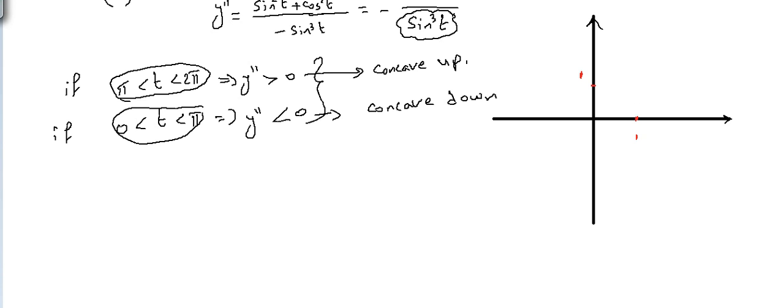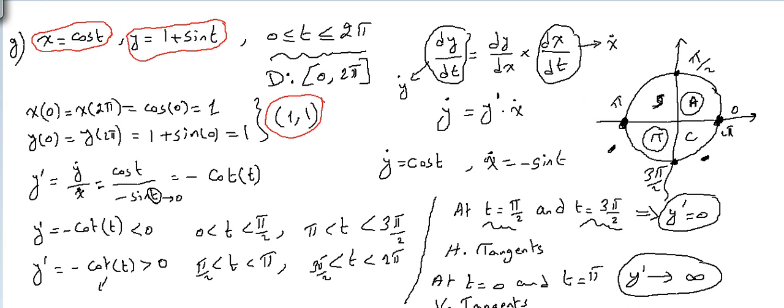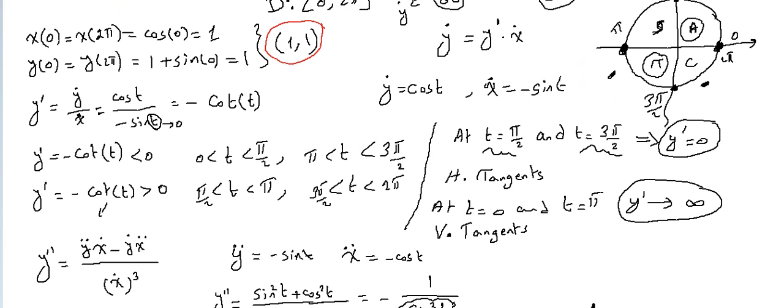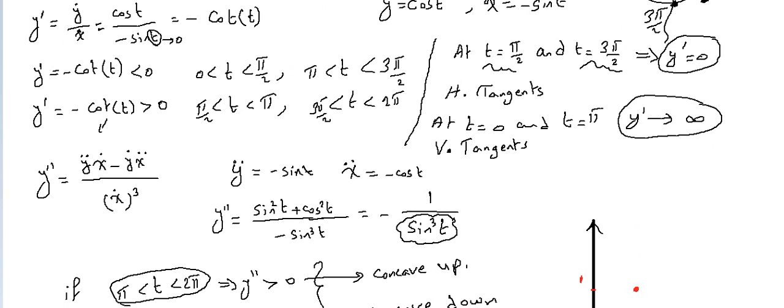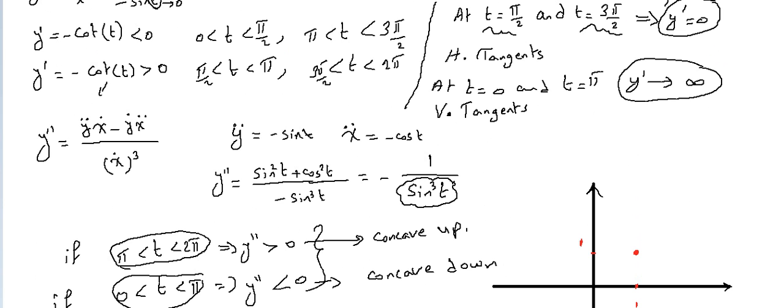This is for t equal to 0, so t is here. What else? The first derivative is minus cotangent. At t equals pi over 2 and 3 pi over 2, the derivative is 0, and we have horizontal tangents.